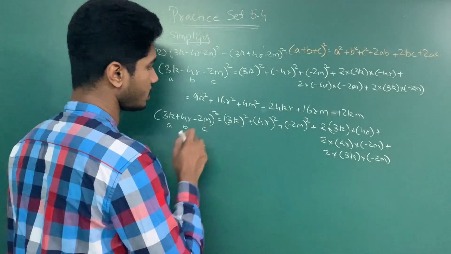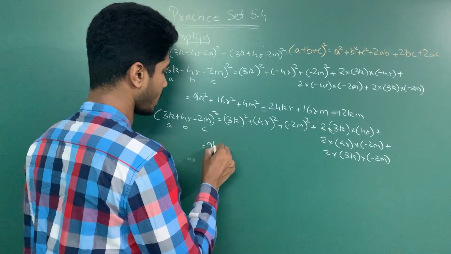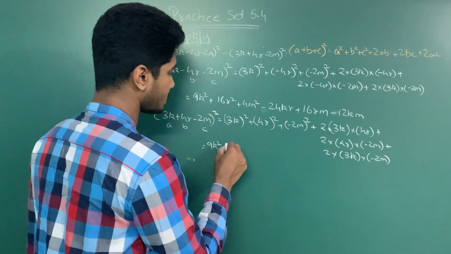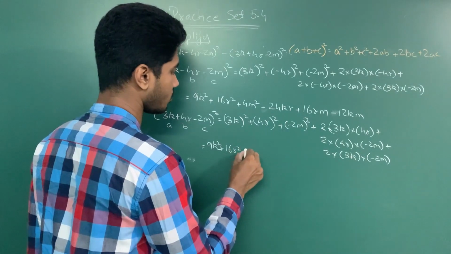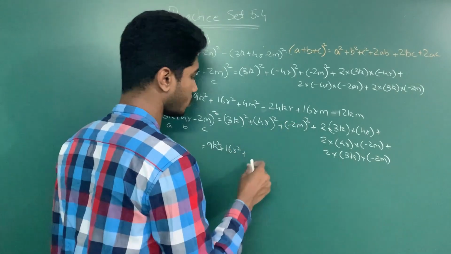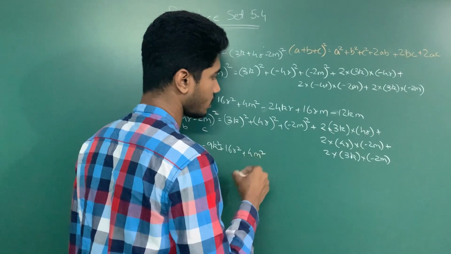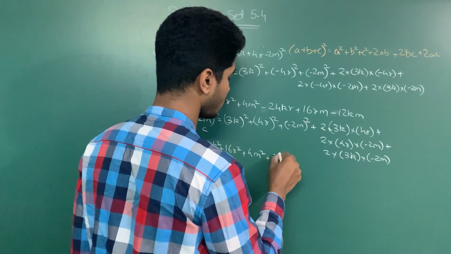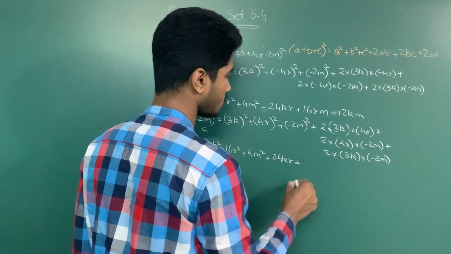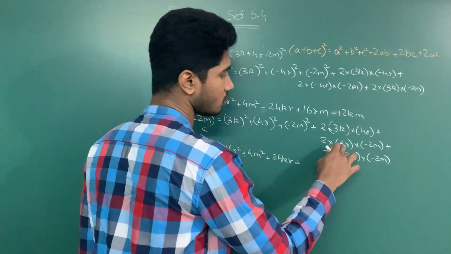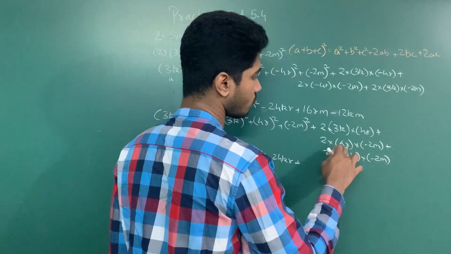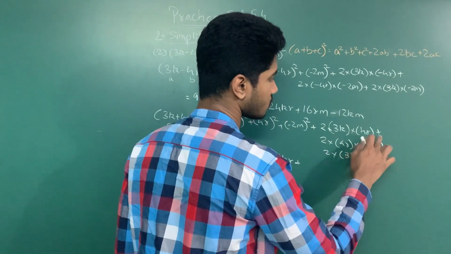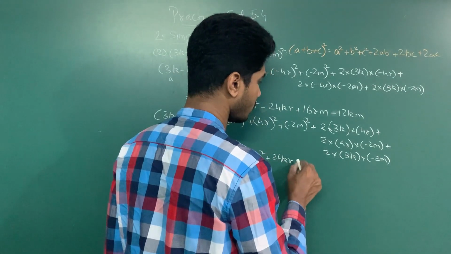So equal to 3k the whole square will be 9k square plus 4r will be 16r square. This will be minus 2 the whole square will be 4m square plus 2 into 3 is 6, 6 into 4 is 24kr plus 4 into 2 into 4 is 8, 8 into 2 is 16, there's a minus sign over here, so the minus plus will be minus.